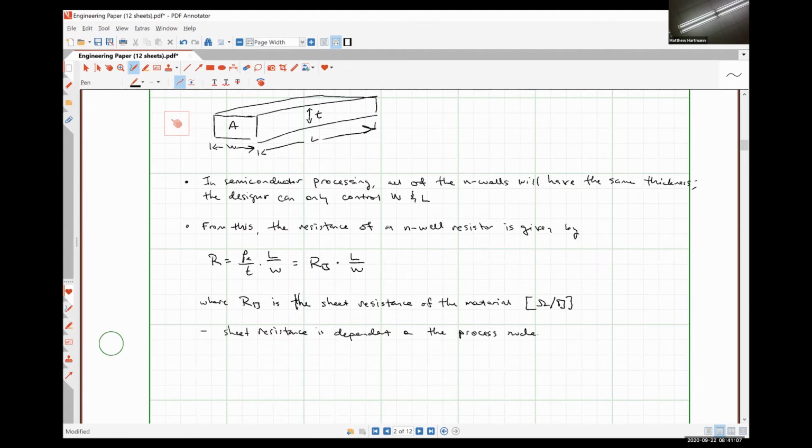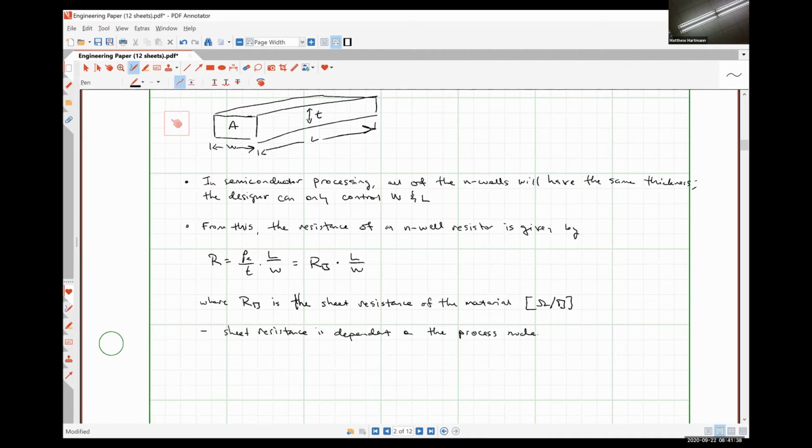The sheet resistance is also dependent on the resistivity of the material, which means it changes from a particular run of wafers to another run of wafers, right? Because there's no way to guarantee that the exact same number of, say, electrons or holes are going to be created. So it's all statistics, just like everything was back in 334.